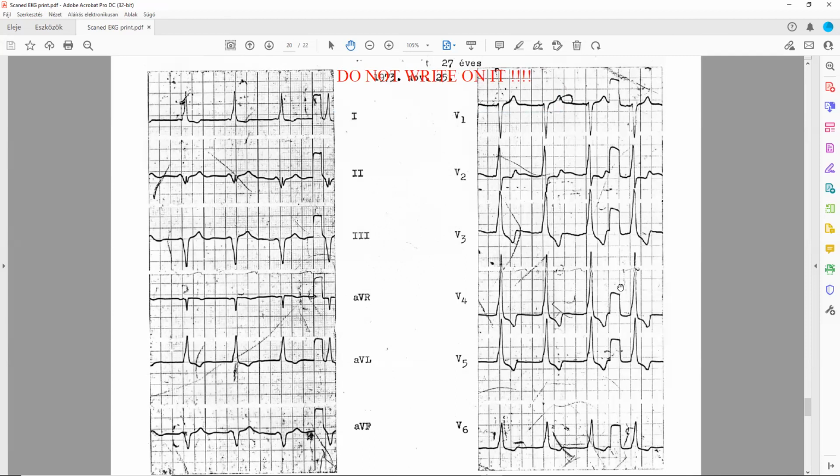No, this is a calibration sign, a 1 millivolt calibration sign. Afaf still has a problem with the microphone. Okay, so that's rhythmic, and these are calibrations. Don't forget, this is a 1 millivolt calibration sign, and they usually put it on the tracing. Sometimes they use it to separate the different leads.